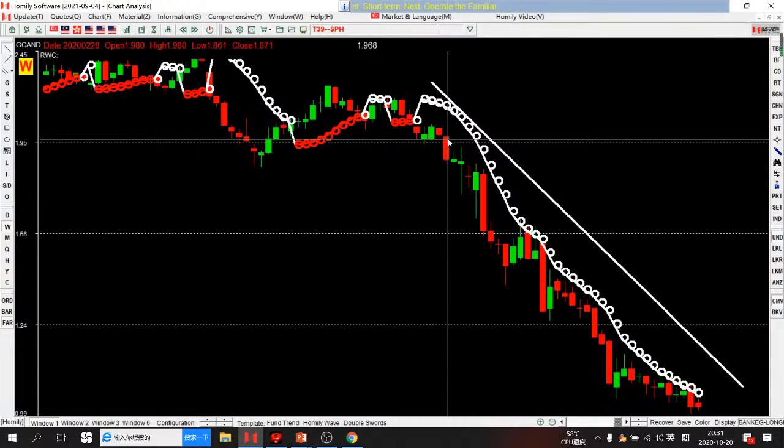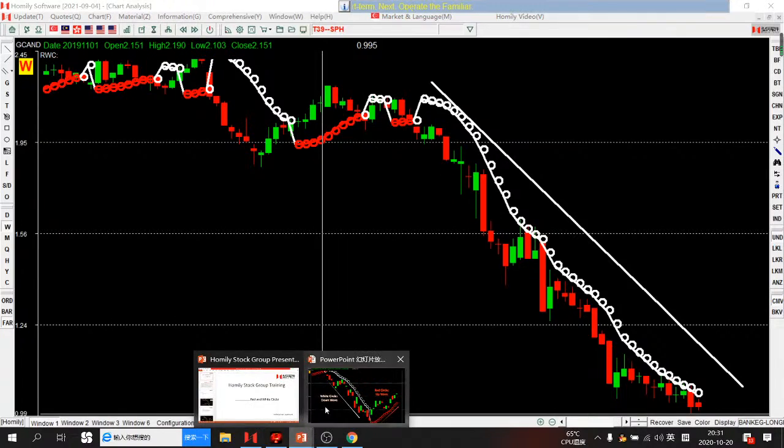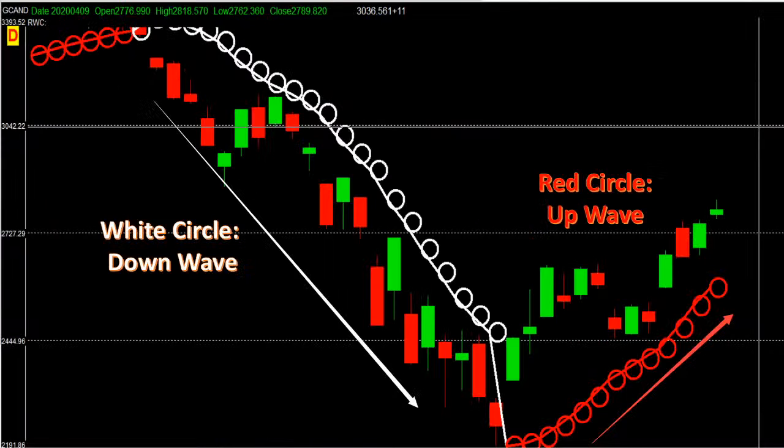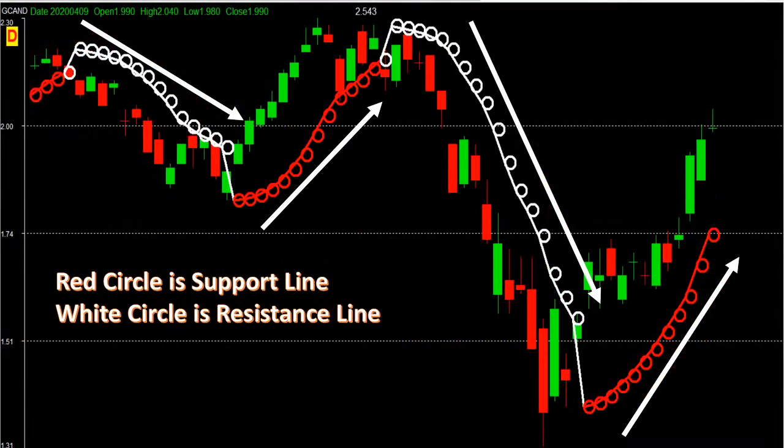All right. So the other very important usage of the red and white circle is it even tells you where is the support and where is the resistance. So we know the red circle means the share will move higher, right?